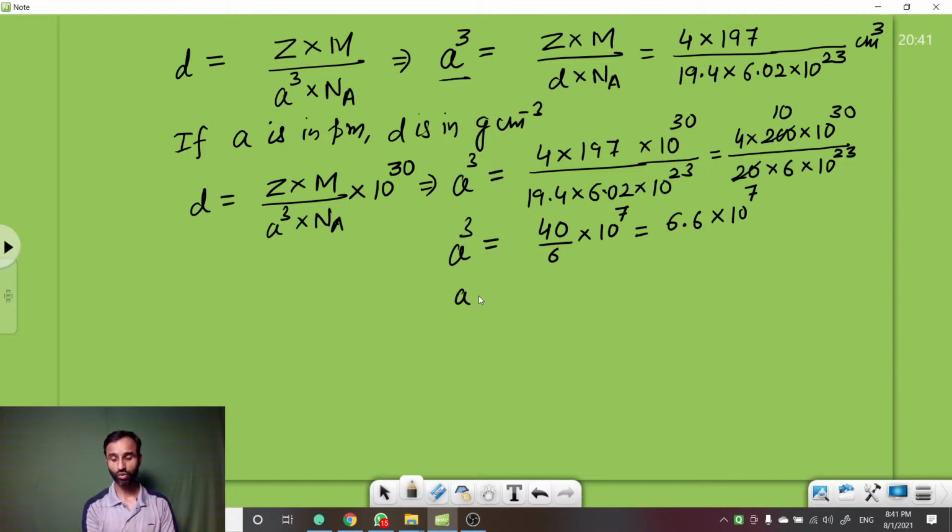So a comes out to be, better to write it as 660 × 10^9.